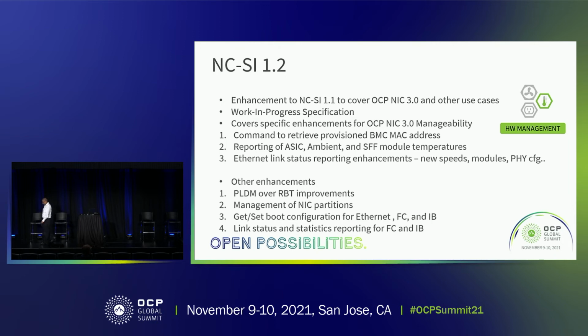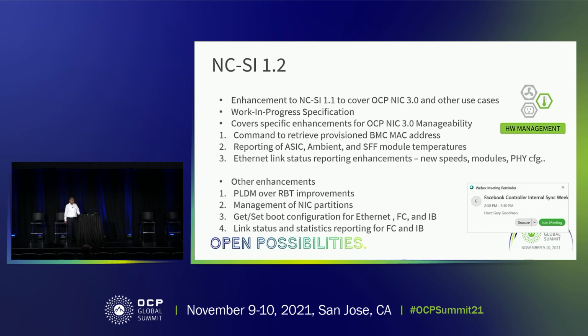As someone described, it gives you the ability to retrieve a BMC MAC address from the NIC for the BMC to use, if that's the desired way of doing things. There is reporting of temperatures from ASICs, the network controller itself, the ambient temperature that the card environment is seeing, and the SFF module temperature if you're using an optical transport for your networking.